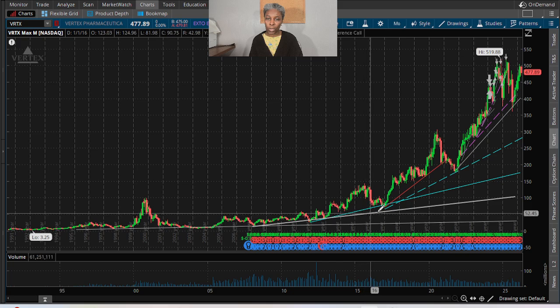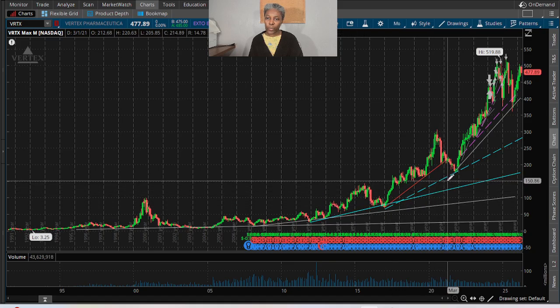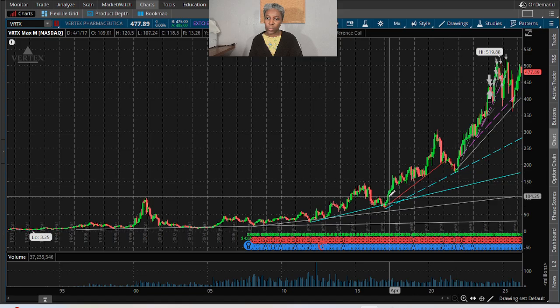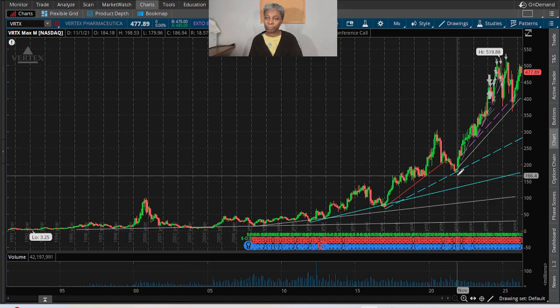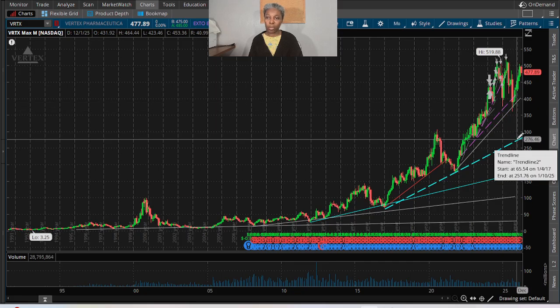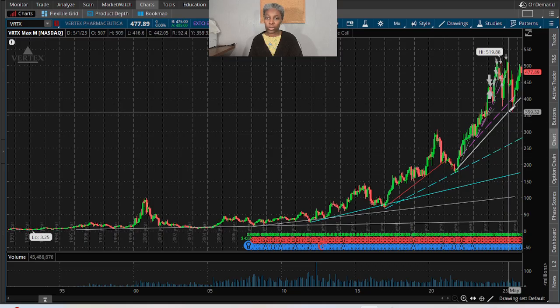At least this one, it came to it 3 times, but then the next time it didn't come this low, it stayed there. So we have 2 touch points here, and whether it's going to come down here or not, I'm not entirely sure, but there is a high probability that it can come down to this.